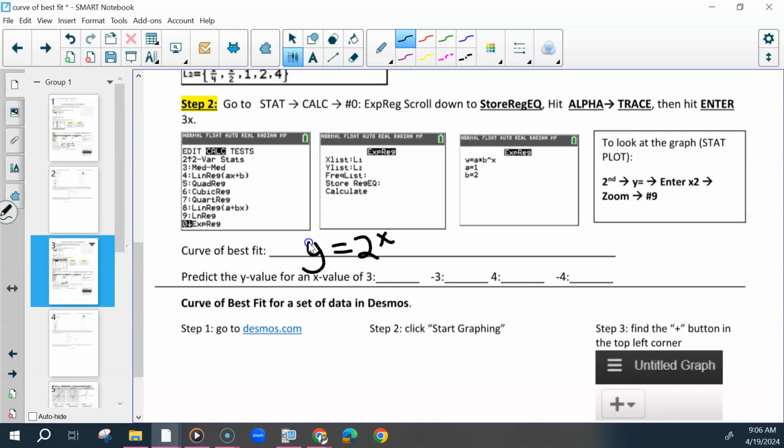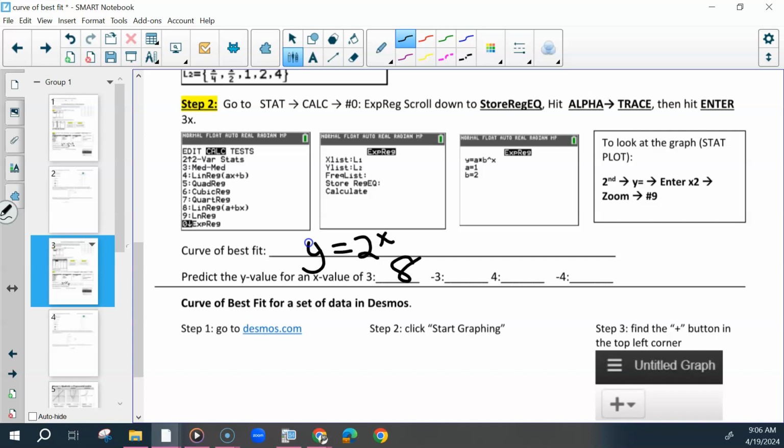Make sure you put the rest of this in. Follow the rest of the directions. Did you get there? That's right. So when x is 3, y is 8.